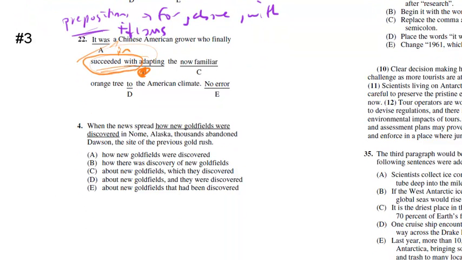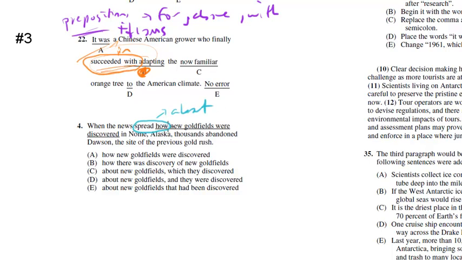Alright, let's move on to 4. When the news spread how new gold fields were discovered in Nome, Alaska, thousands abandoned Dawson, the site of the previous gold rush. Here's another example of an idiom. It's not exactly a preposition, but you get the idea. When the news spread how? No, the news spread about.